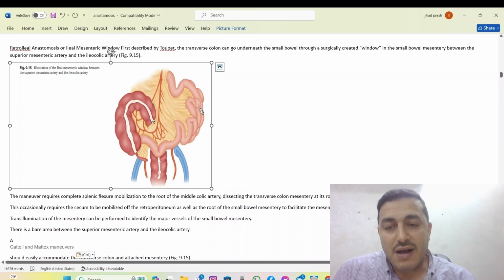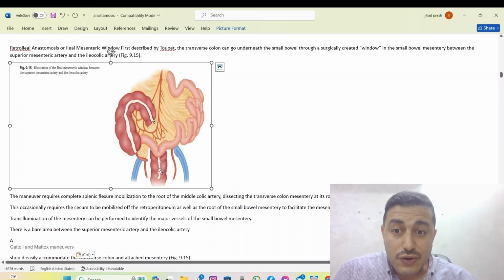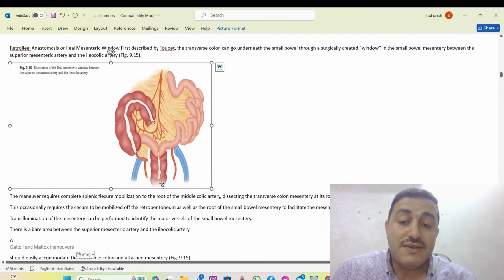Transillumination can help us to identify this area, and as you can see, we can bring the ascending, maybe the transverse colon through this defect, so it can reach past the pubis symphysis, and we can construct our tension-free anastomosis.